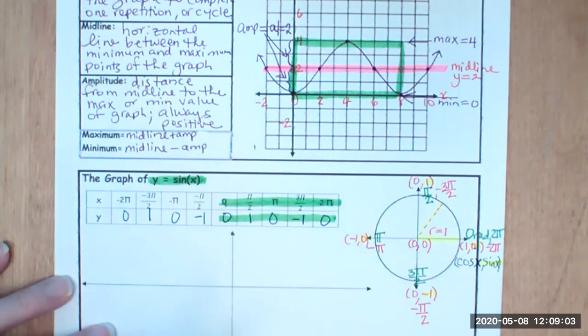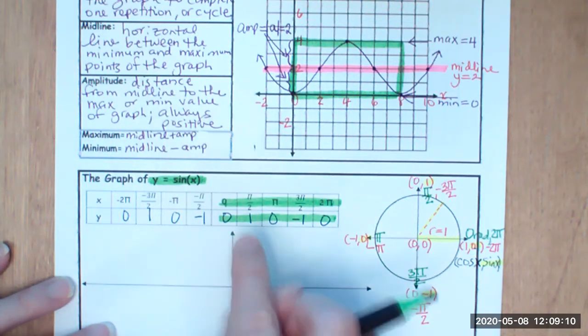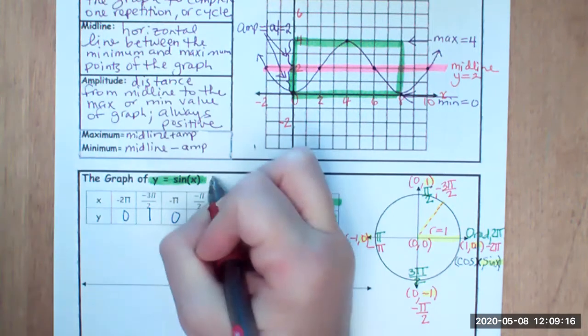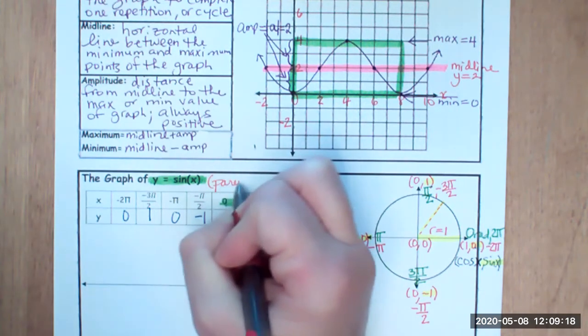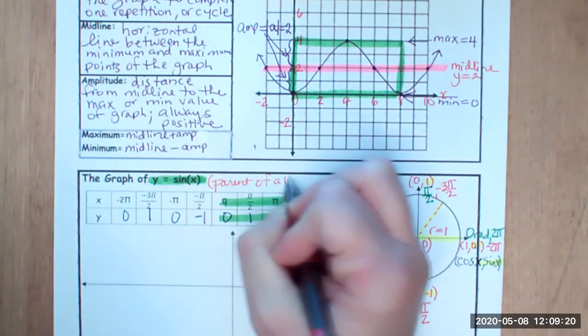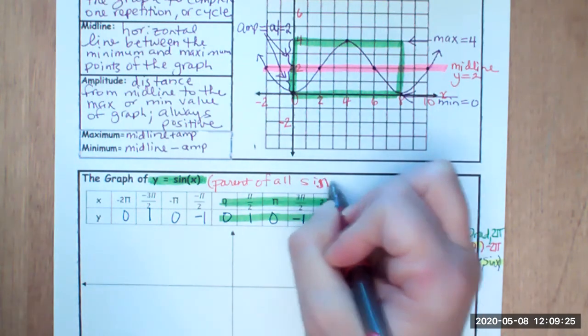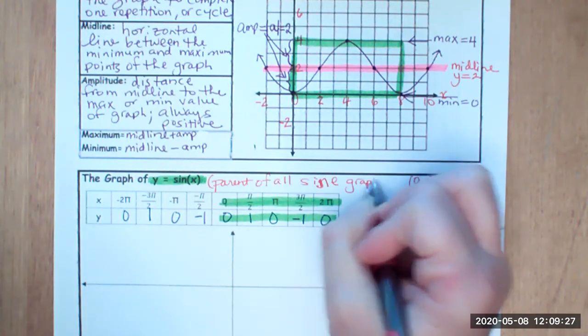So we're always going to be looking at 5 key coordinates to help us graph, whether it be with the parent or the transformed. We're always going to be graphing at least those 5 points, okay? So we'll say that this is the parent of all sine graphs, okay?